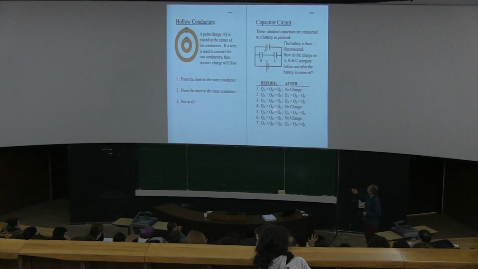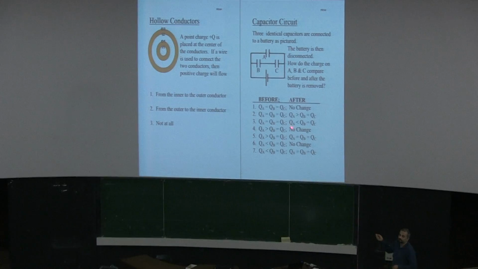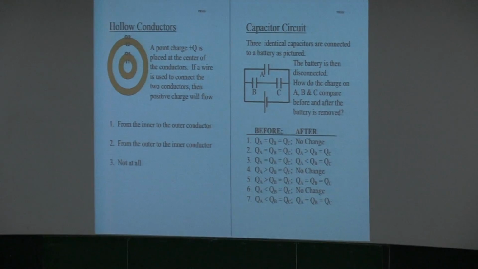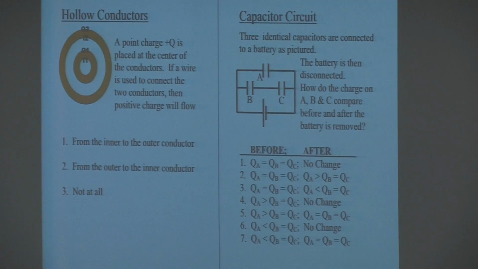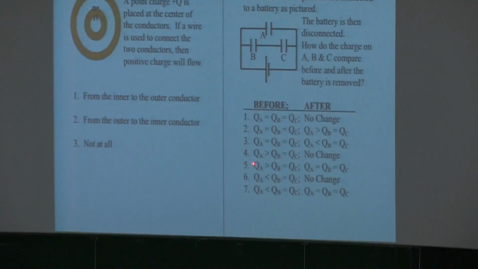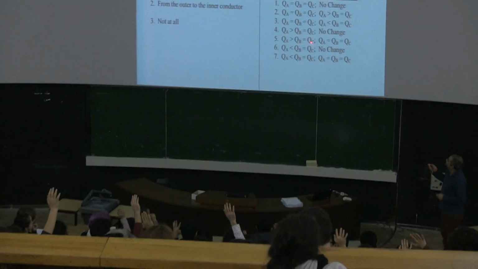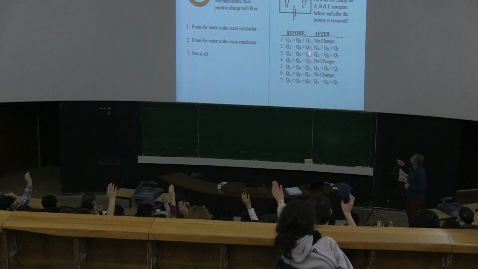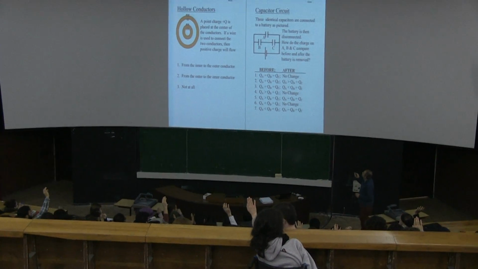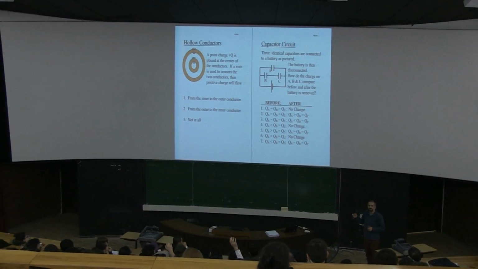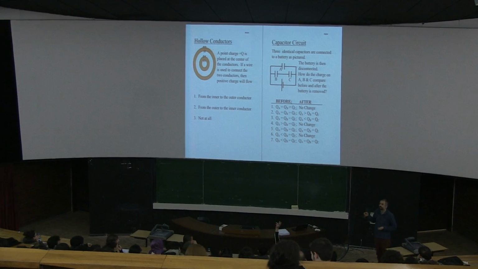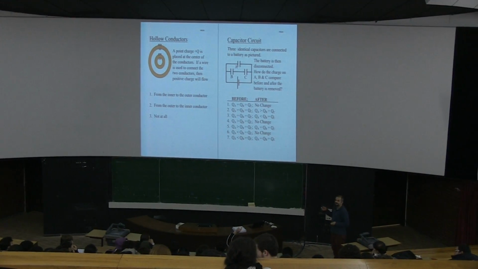A is larger than B, which is equal to C, and after you remove the battery, there won't be any change. 5. So you say that A is larger than B equal to C. After you remove, they will all be equal. 6. 7.